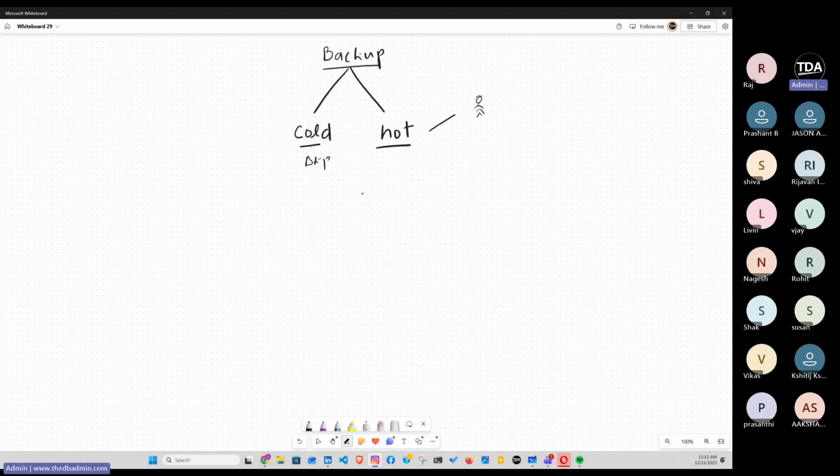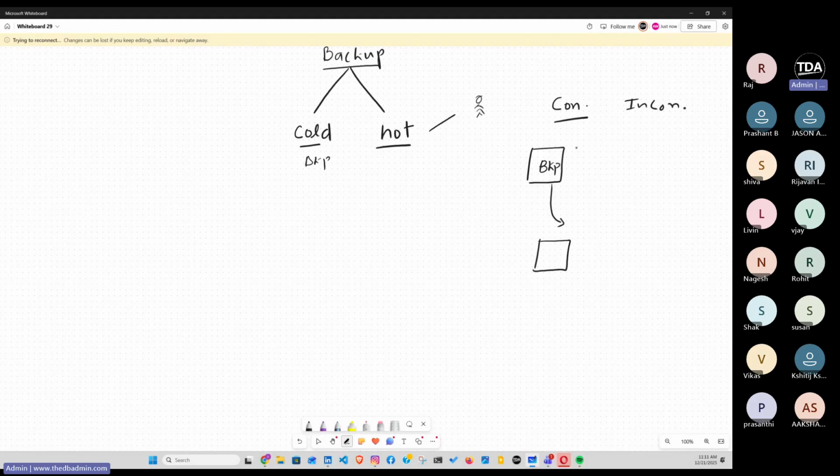Another important factor which we have to understand is consistent backup and inconsistent backup. The backup files, let's suppose this is your backup file, and the moment you restore it, you get the image of the data as it is back to a certain stage. Let's suppose I took the backup at 10 a.m. and I have restored it, I will get the 10 a.m. amount of data.